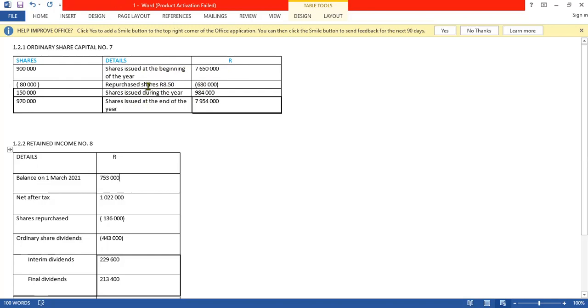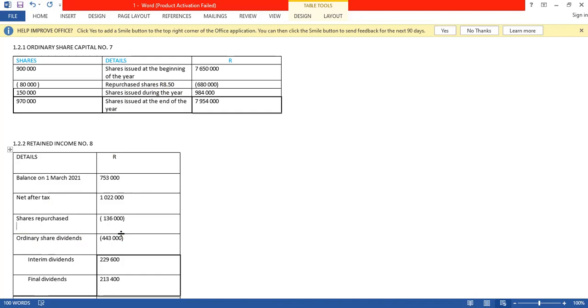Note that when preparing note 8 for the repurchased shares, we only calculate with the average share price. And then when preparing note 8, we only record the price that is above the average share price.